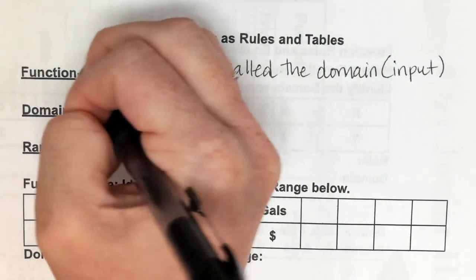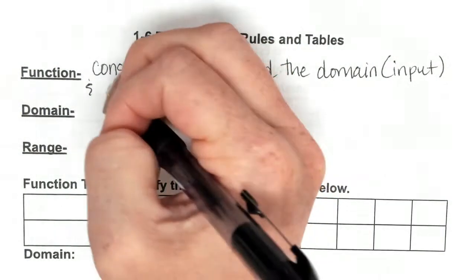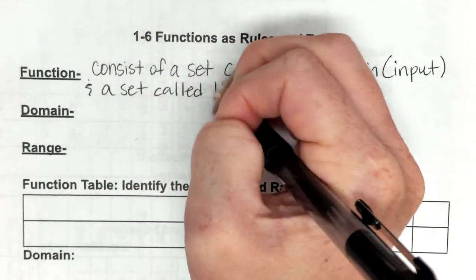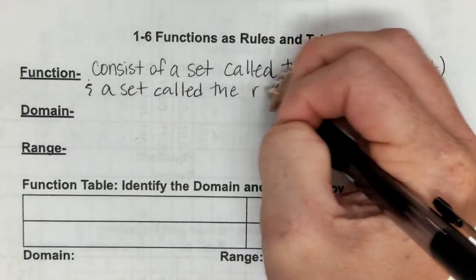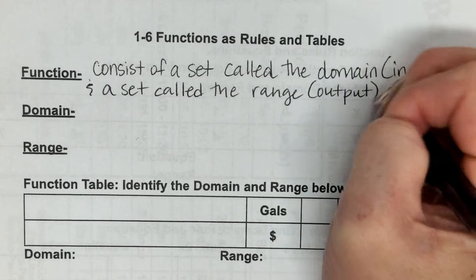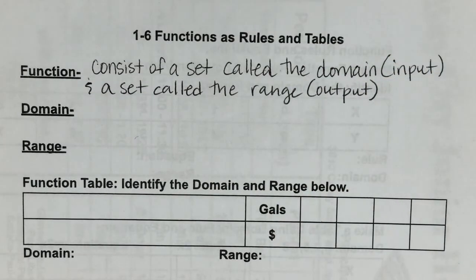And a set called the range, which is your output. So you might hear me say domain, you might hear me say input, they're the exact same thing. And again, range and output are the same thing.